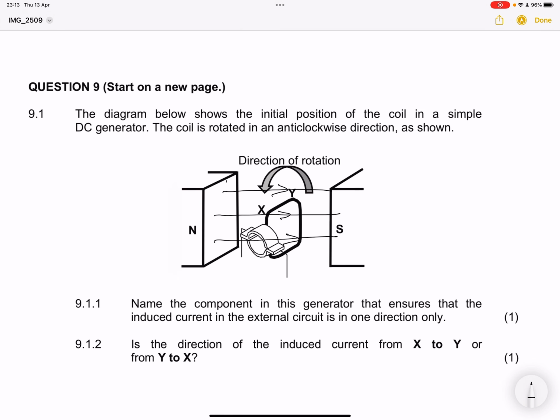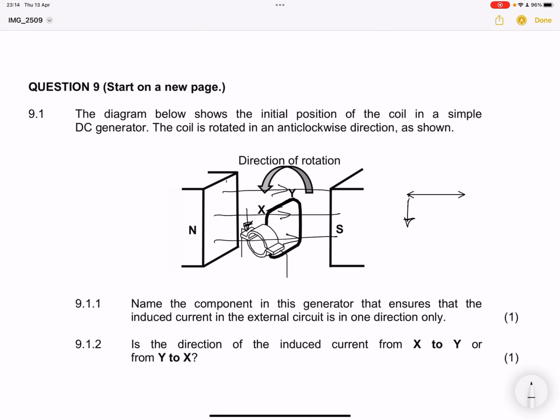Imagine side XY to be on the left-hand side, for argument's sake. It would be going down on the left-hand side because you're rotating anti-clockwise. Imagine it was flat like this, so on this side it's actually rotating downwards.